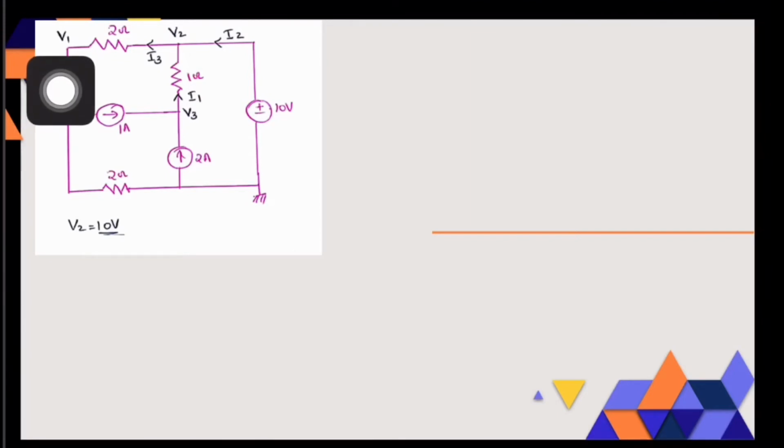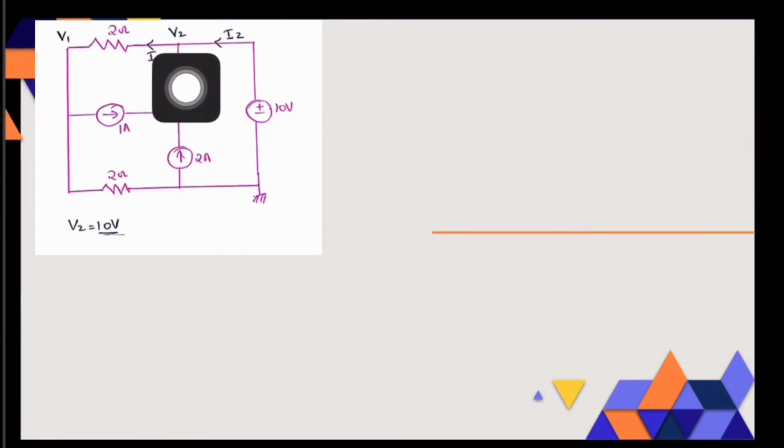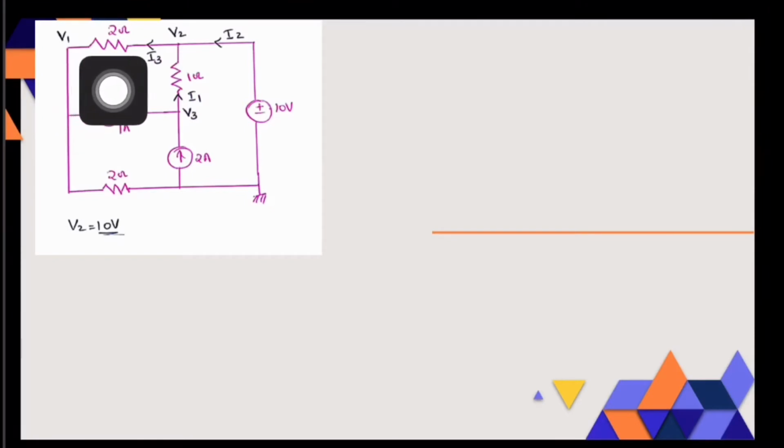Let us now find out the expressions of this unknown current. You can see one end of this 2 ohm is at potential V1 and other end is at potential V2. Correspondingly, the outgoing current through this 2 ohm at node V1 can be expressed as V1 minus V2 by 2.